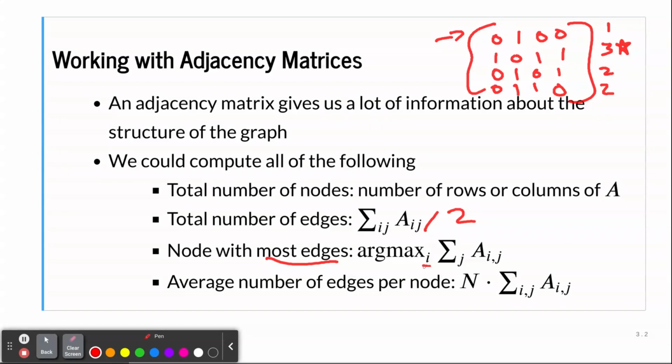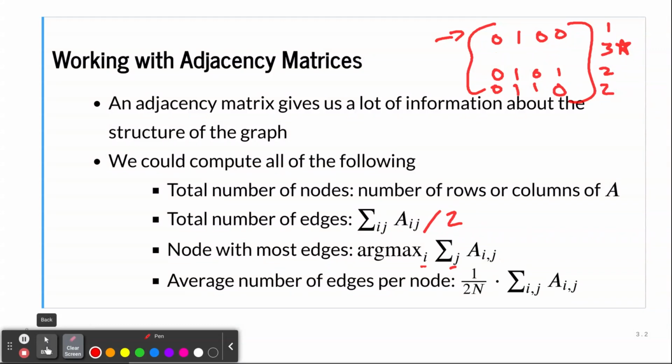We could also compute the average number of edges per node. Here, what this would be is we could sum up the total number of edges. To compute the average number of edges, we would have that factor of 1/2 that we remembered over here.